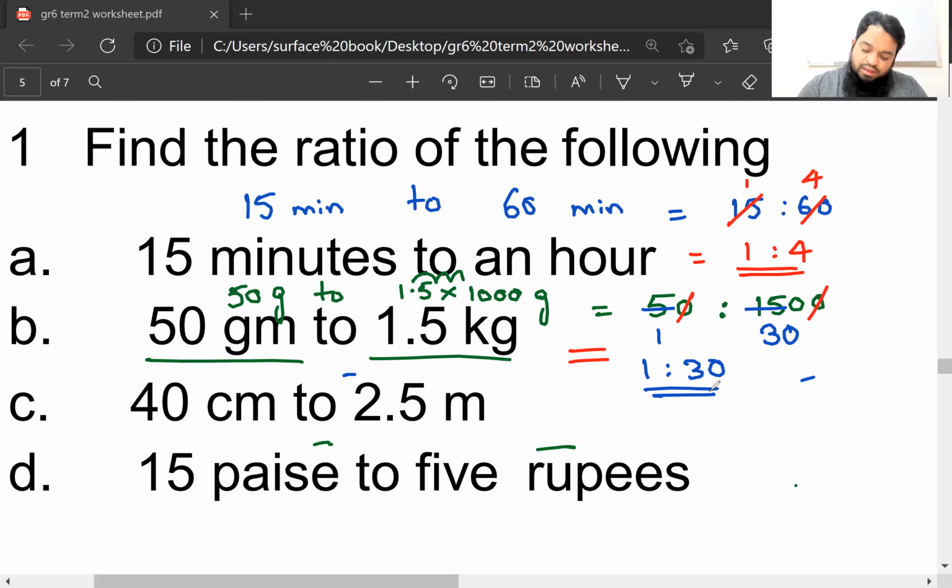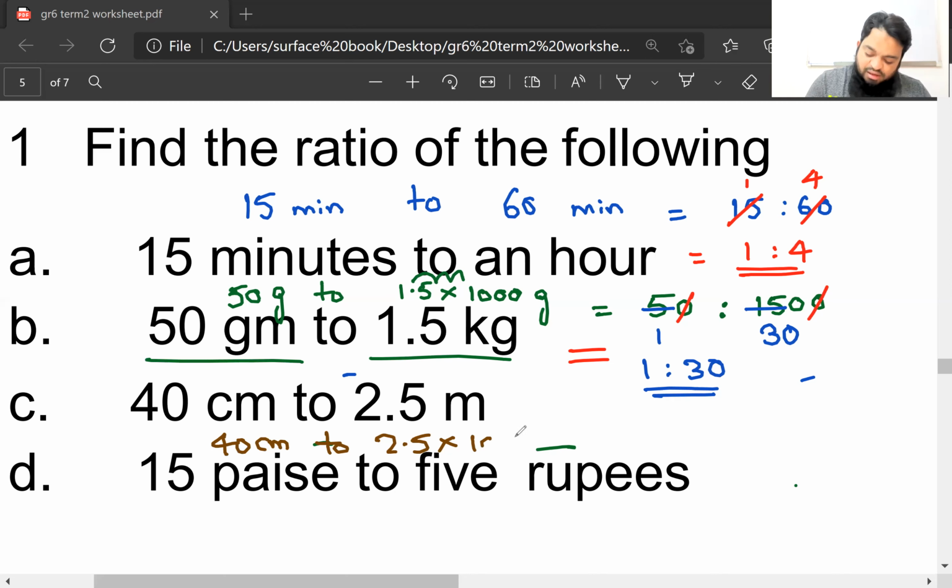Fine. Now let us go for the next one. 40 centimeters to 2.5 meters. Here centimeter is a smaller unit and meter is a bigger unit. So I will write it as 40 centimeters to 2.5 meters. In 1 meter, how many centimeters are there? 100.